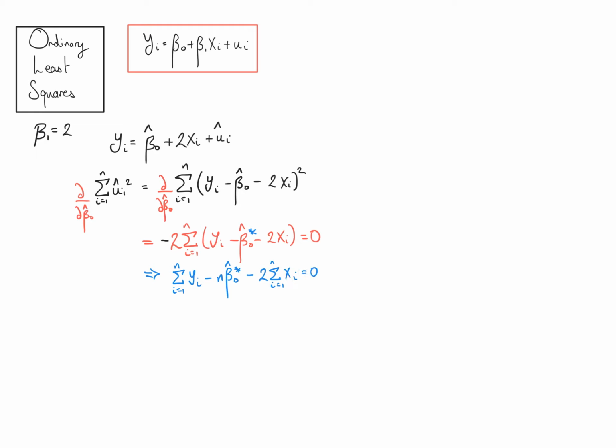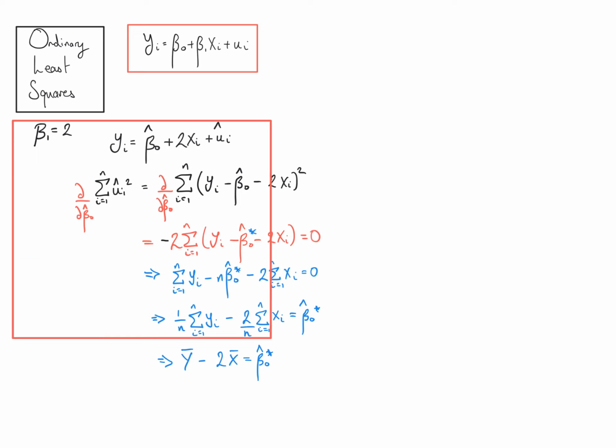And then if we move this over to the right hand side and divide through by n, that gives us that 1 over n times the sum from i equals 1 to n of yi minus 2 over n times the sum from i equals 1 to n of xi is equal to beta naught hat star, or the sample mean of y minus 2 times the sample mean of x is equal to our estimator.